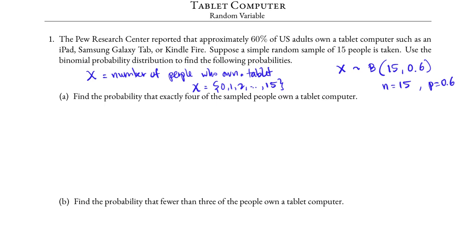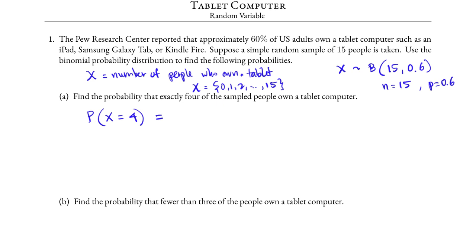Part A. Find the probability that exactly 4 of the sampled people owned a tablet computer. Translating this in symbolic form, we're looking for P(X = 4), exactly 4.